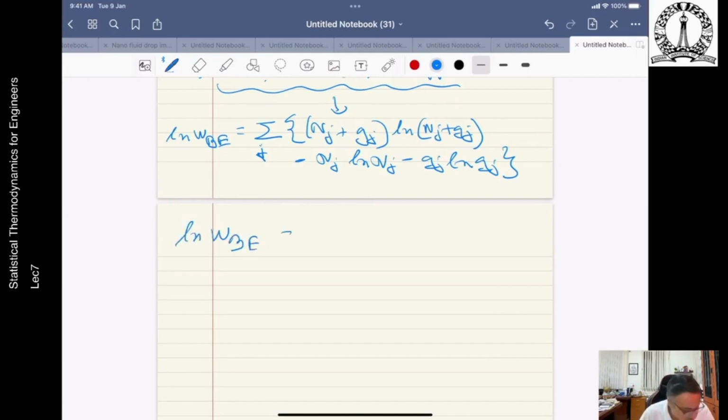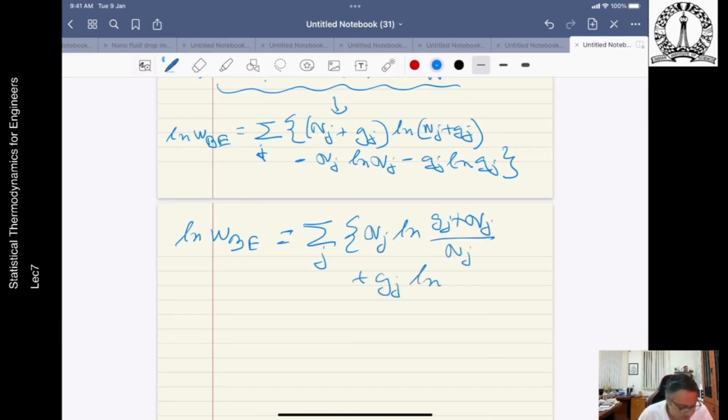Now, simplifying it a little bit further, this gives you the summation over j of Nj ln (Gj plus Nj)/Nj plus Gj ln (Gj plus Nj)/Gj.